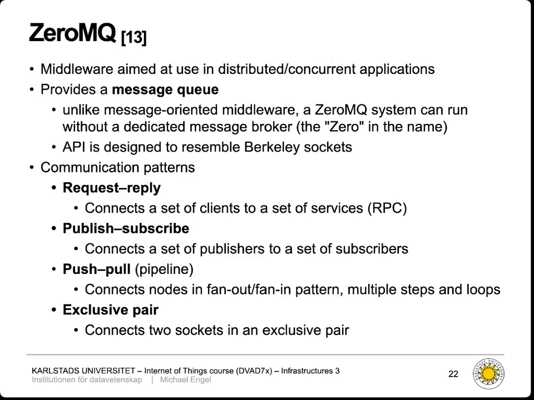We can have a publish-subscribe pattern, as we've seen before. We can also have a push-pull pattern, so a pipeline between two nodes on the ZeroMQ network, like a Unix pipeline, where you put in stuff on one end and it comes out on the other end.